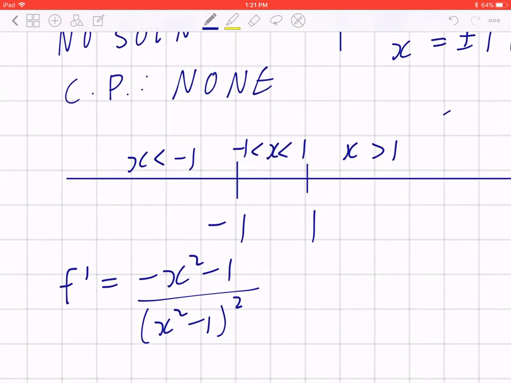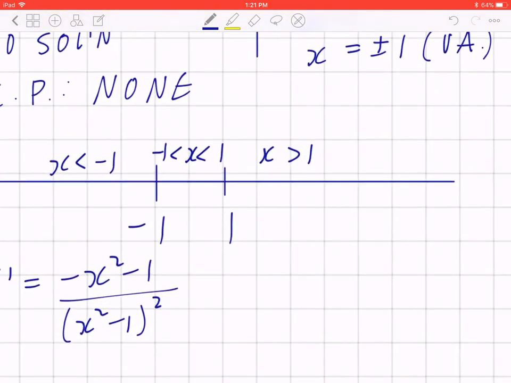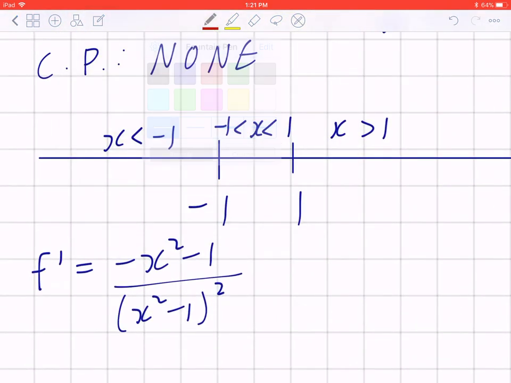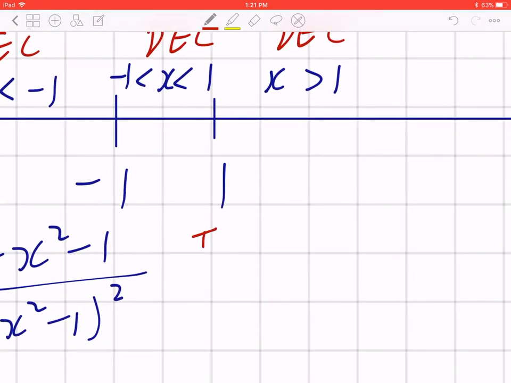When you press play again, I'll be right here. Okay, when you plug numbers back into f prime, you should get the following: decreasing, decreasing, and decreasing.